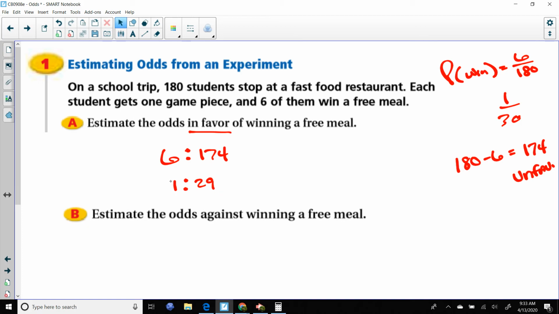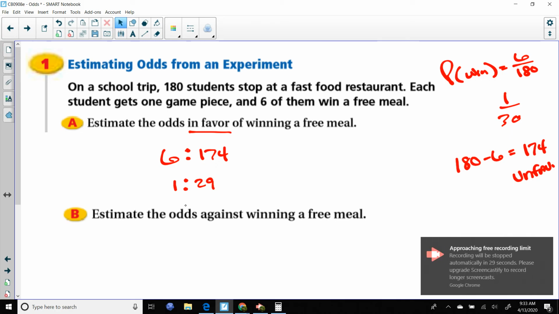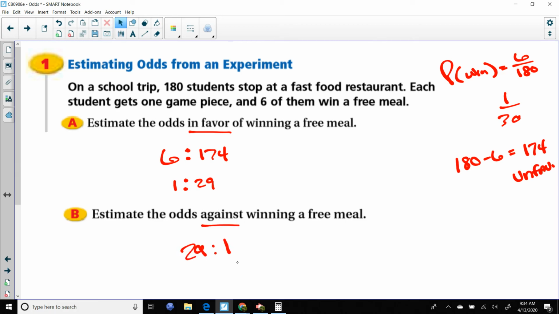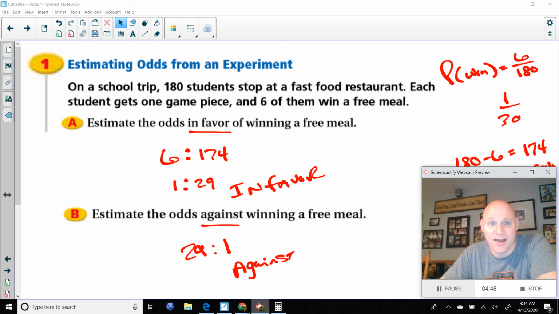So that would be favorable first, unfavorable second. This is the odds of being in favor: 1 to 29. And the odds against would be the exact opposite: 29 to 1 would be against. Easy stuff. We'll look at some more problems in just a second. All right. Pretty simple. Let's embrace the magic.